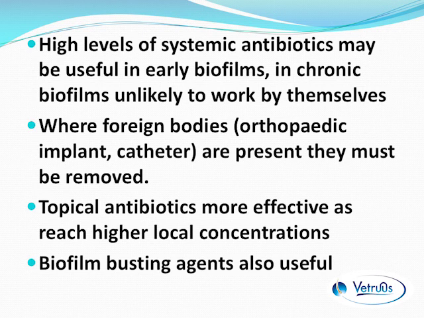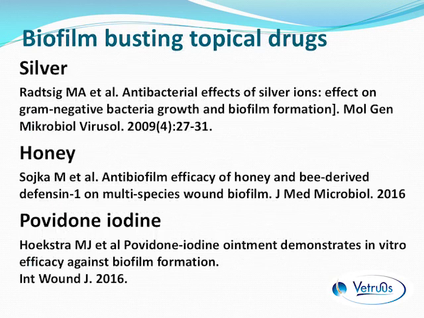And what we know now from most current research is that probably the best two ways to resolve biofilm infection is by using topical antibiotics, because they achieve much higher local concentrations than systemic antibiotics do. And also we're starting to recognise a whole range of substances which can be used to break up the biofilm, what I've referred to on this slide as biofilm busting agents.